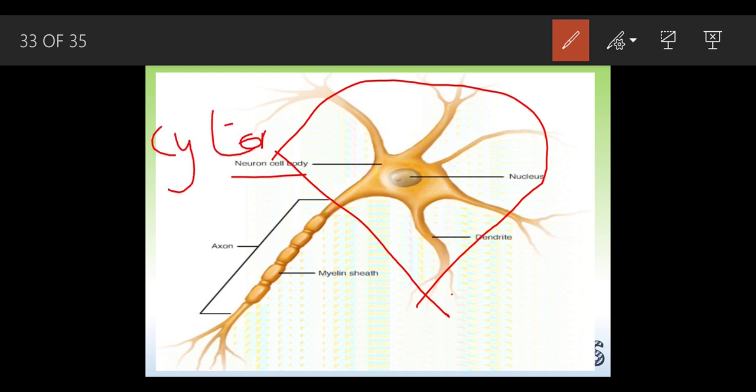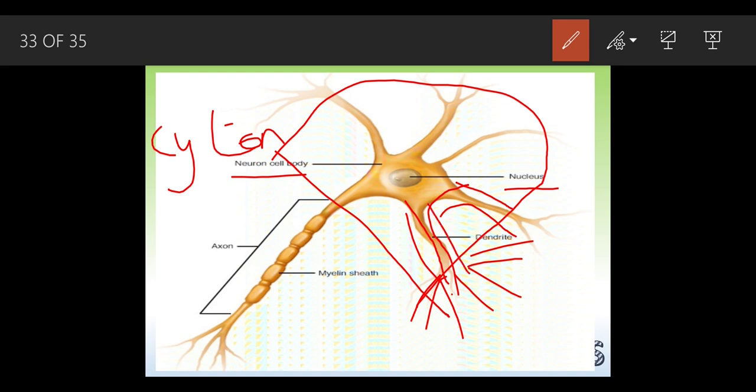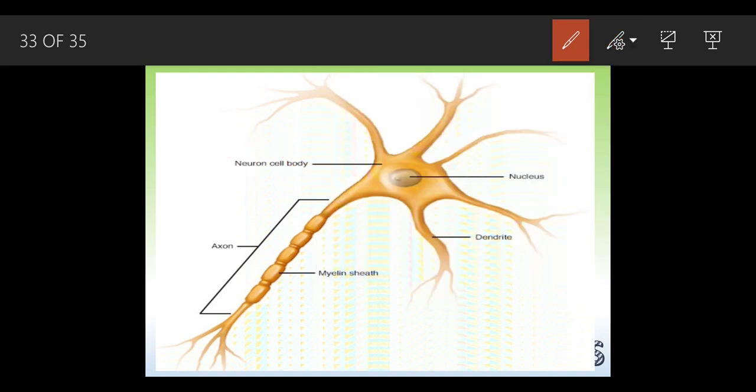Inside this cyton there is a nucleus, and the branches that arise out of this cyton we are going to call the dendrites. Okay, these branches are called the dendrites, the branches which have come out. This part is the dendrite.